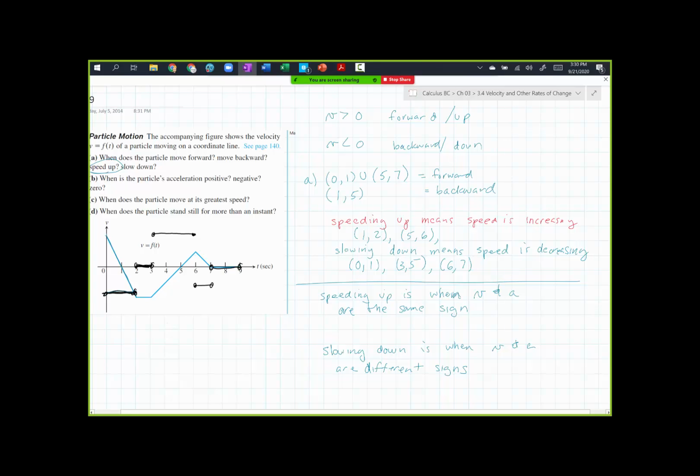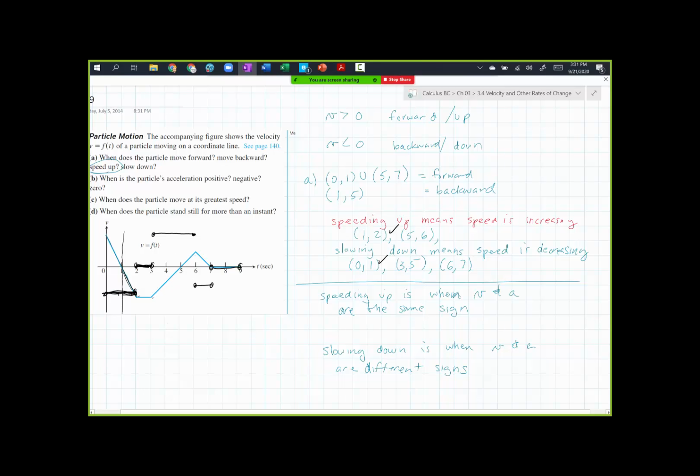So where do we have acceleration and velocity having the same sign? Do we have it here? No. Velocity positive, acceleration negative. That means slowing down from 0 to 1. From 1 to 2, negative acceleration, negative velocity. There's our speeding up. Nothing going on from 2 to 3.